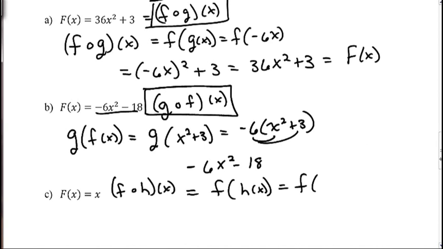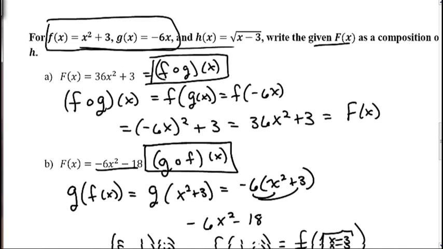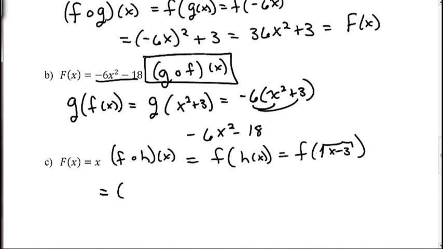And the h of x function is square root of x minus 3. And f of x was x squared plus 3. So we would want to square that. Oops, that minus 3. So square root of x minus 3 squared, and then plus 3.